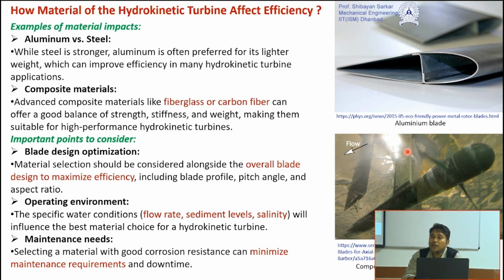Then sediment level: what will be the sediment level? What will be the size of this particular sediment? In general, sediment is measured in parts per million. And what will be the size of the sediment particles? That is in terms of micrometers.